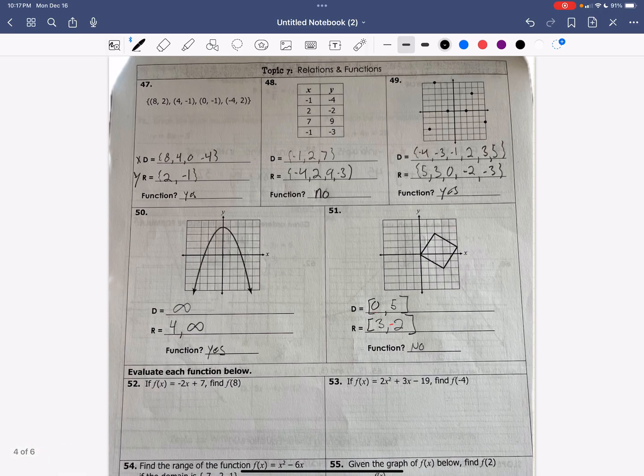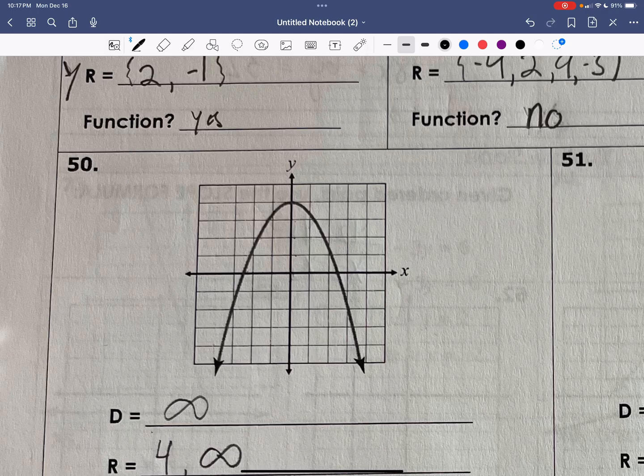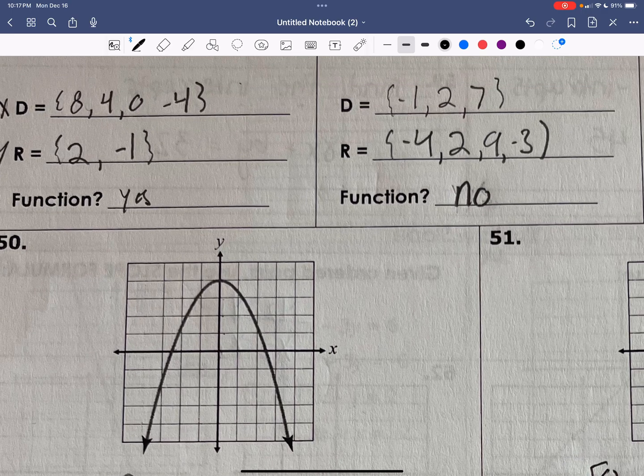Okay, anything that's even, like this, would be considered an even function because it finishes down, down. Or a parabola that goes like this, where it finishes up, up, that would actually be an even function as well. The parabola that finishes down, down would be considered a, hold on, I screwed this up.